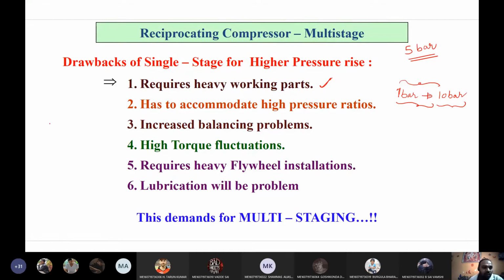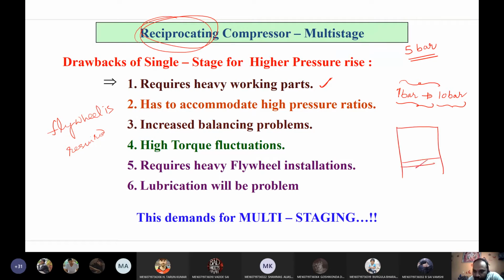Why is balancing required for reciprocating engines? Flywheel is required. Balancing is required only for the reciprocating, whereas for rotary we don't require any balancing. Why? Let us say at this instant of time, where is the position of the piston?